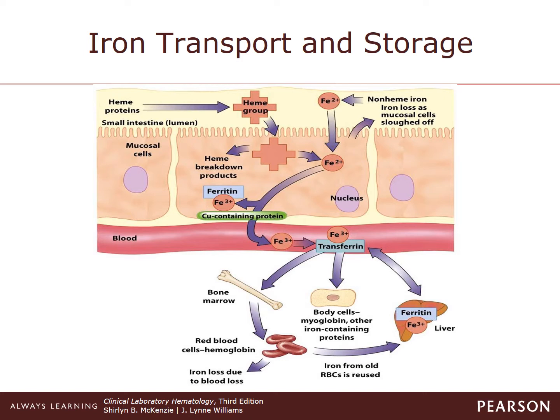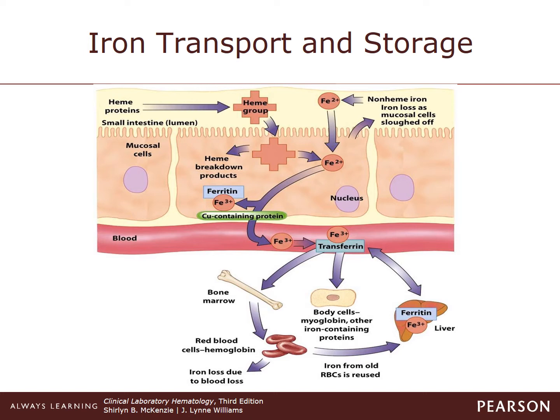Iron deficiency can occur if there is insufficient dietary intake of iron, if absorption is impaired, or if there are increased losses of iron through bleeding. Iron overload can occur if absorption abnormally increases, or if individuals receive a lot of transfusions or multiple iron injections.